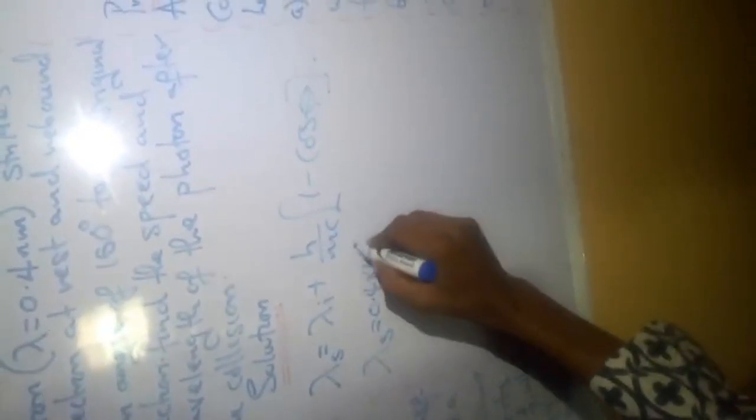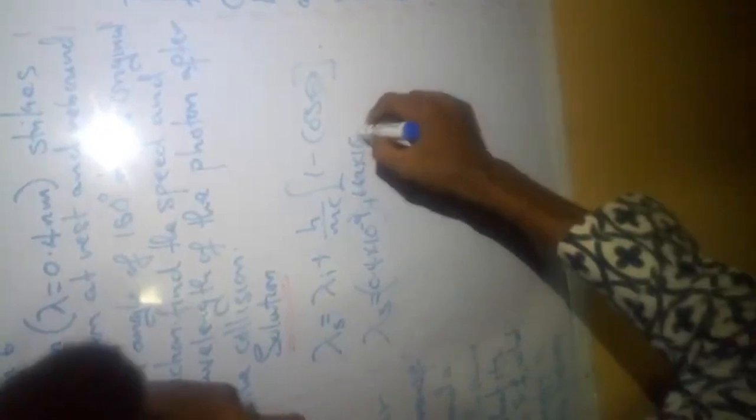So now we are looking for the wavelength of the photon after collision, which equals the initial wavelength, 0.4 nanometers, that's 0.4 times 10 to the power minus 9, plus h. We know what h is: 6.62 times 10 to the power minus 34, all over mc.